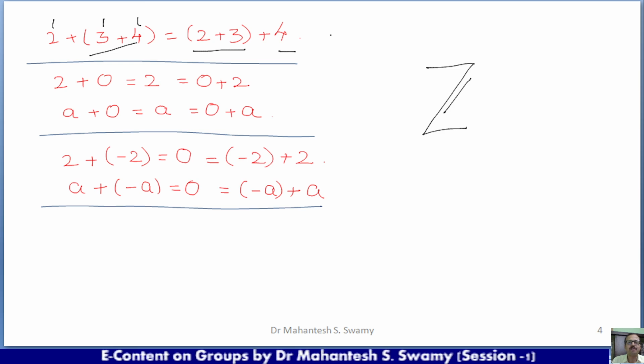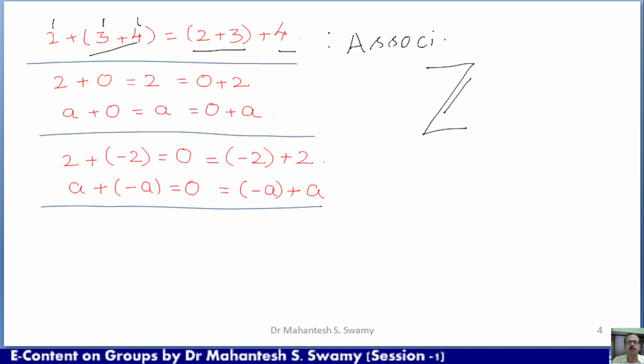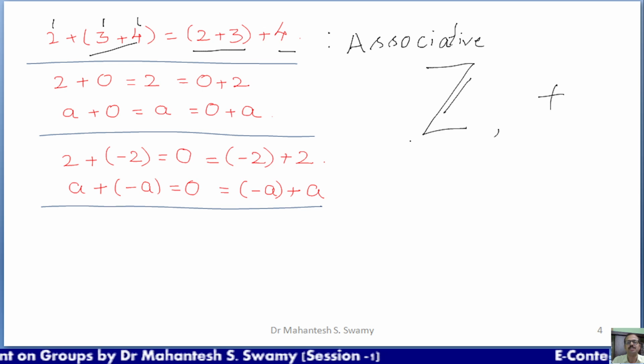So if this type of axiom is satisfied, we call this as the associative property is valid. We say that the associative property is valid in the set of natural numbers, set of integers with respect to the binary operation of addition.